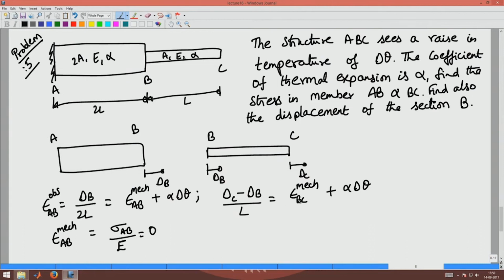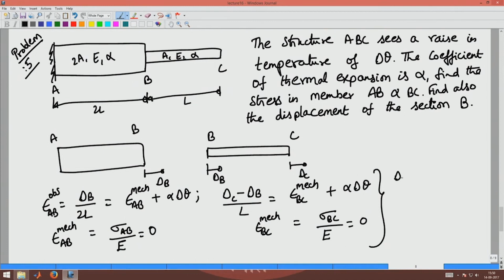Similarly, the mechanical strain in member BC would be the stress in BC by the Young's modulus. I am applying no force in this member BC, so the stress in member BC would be 0 and this will also be 0.